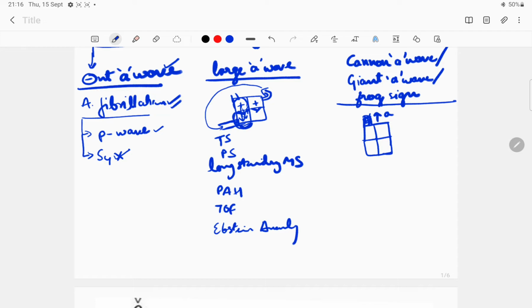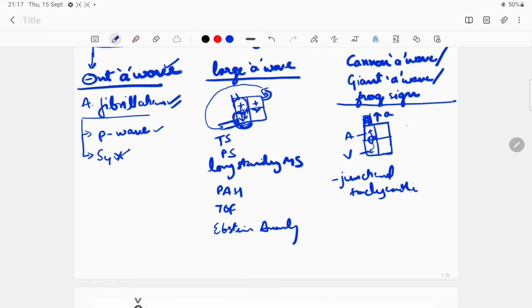Those conditions can be junctional tachycardia, because the AV node generates impulses and gives impulses to the atria as well as the ventricle, and a point can come where they will contract simultaneously, generating a giant A wave. So one condition is junctional tachycardia.